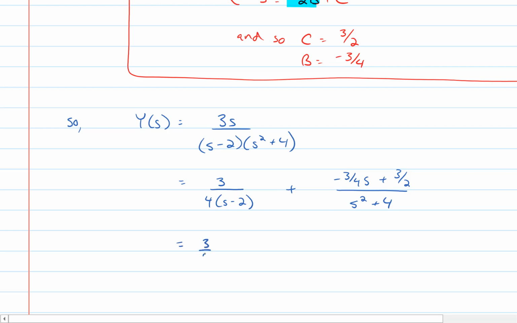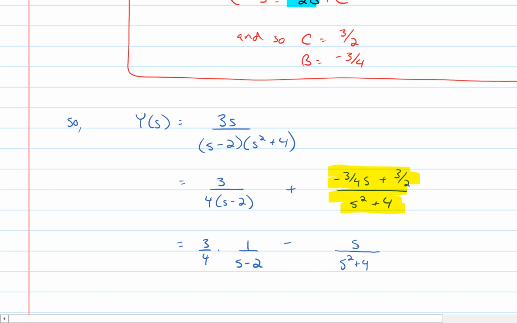So this is 3/4 times 1 over s minus 2, and that's a nice straightforward one, minus, and now I'm going to take that second fraction here and split it into two terms. The first term, I'm going to worry about the constant out front in a second. I have s squared plus 4 in the denominator, and I've got negative 3/4 s in the numerator for the first one.